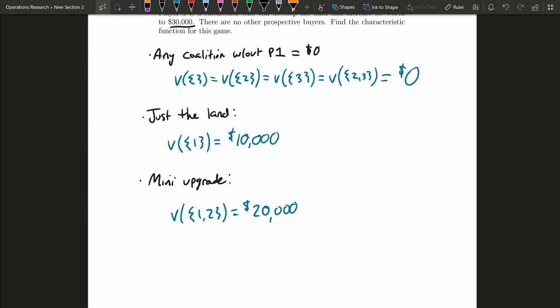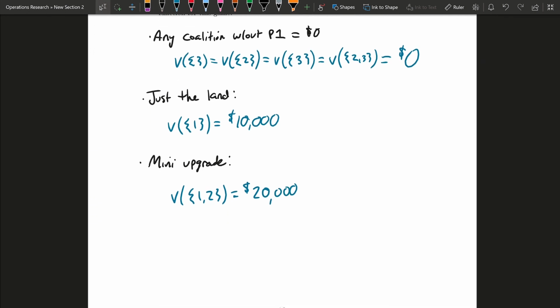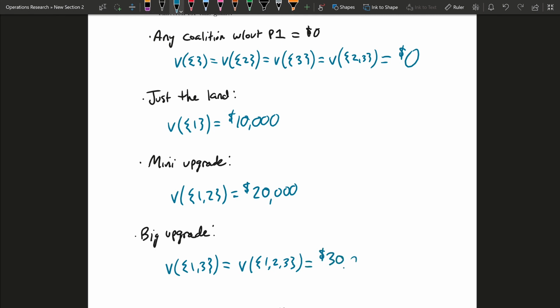And then lastly, we have the big upgrade, which is going to be V of player 1 and player 3. Or it could also be, even though player 2 is not doing anything here because the big upgrade comes from player 3, if they all work together, they're going to again have that reward of 30,000.